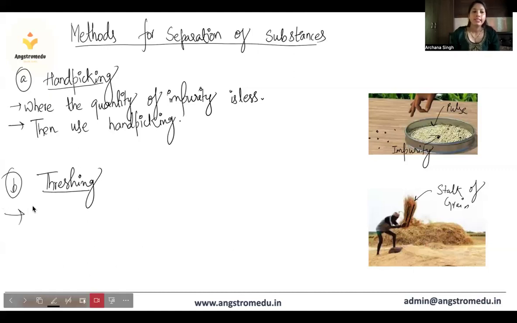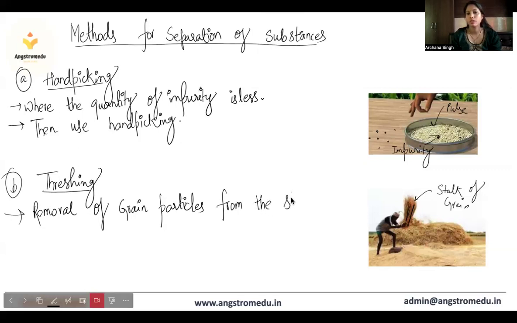So threshing, what we are doing? Removal of grain particles from the stalk. I hope you understood what a stalk is. Stalk is nothing but the stick, or any long particle, to which the grains are attached.